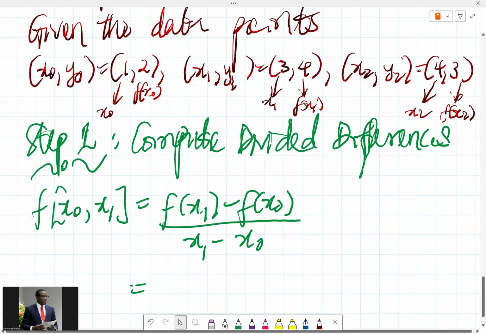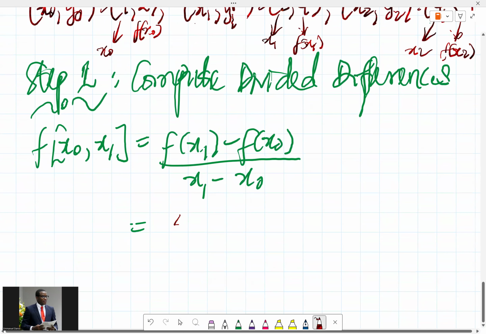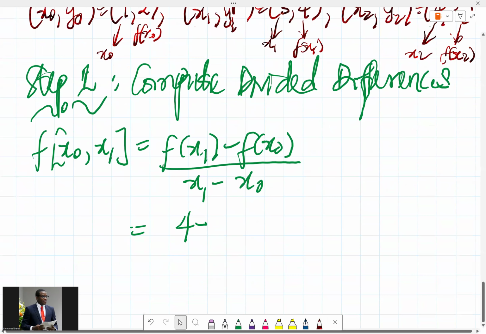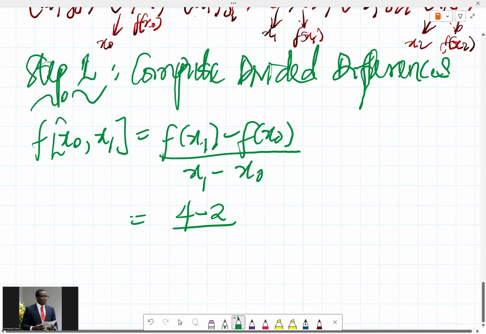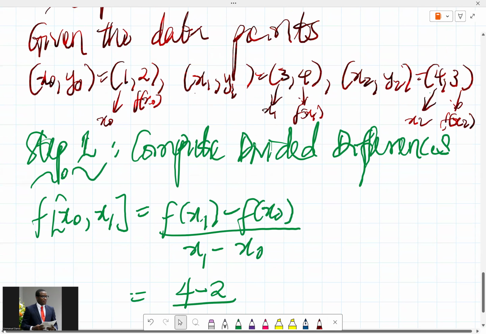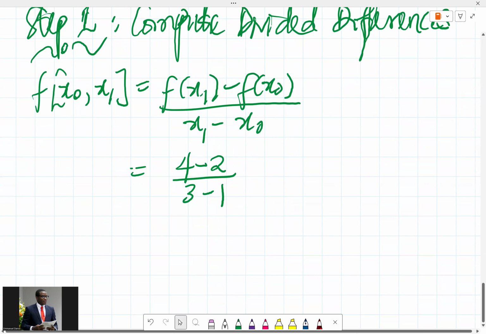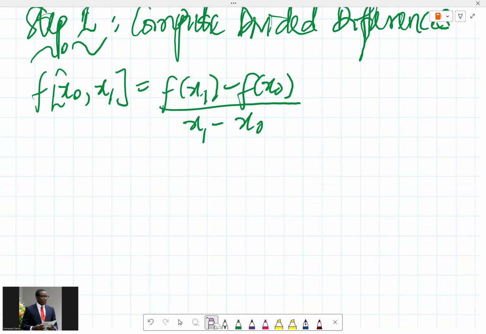F of x1 is 4. So that's 4 minus f of x naught, which is 2, so 4 minus 2 all over x1 minus x naught. x1 is 3, x naught is 1, so we have 3 minus 1. I can even do that in a straight line, so I can save some space.